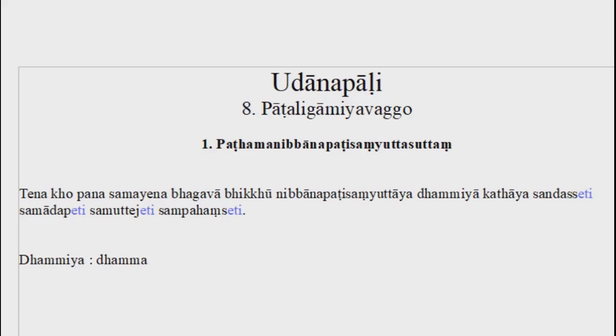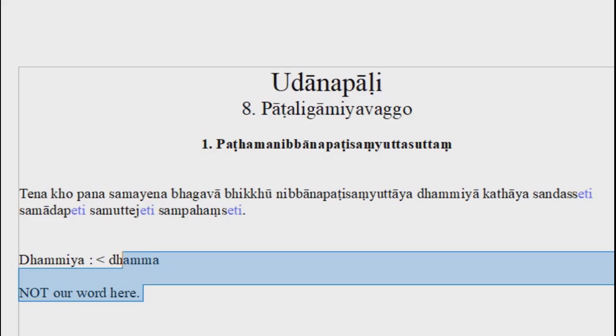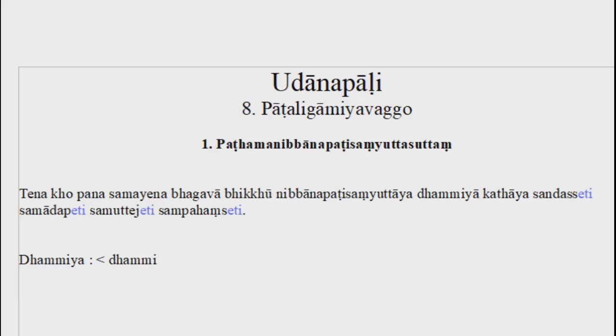Now dhammiyā is clearly from the word dhamma, dharma. And if you look up this word, this exact word exists. It's an adjective meaning pertaining to the dharma or the dhamma. But that actually isn't the word we have here. If we had dhammiyā kathā, then that would work. But dhammiyā needs to be in the instrumental case as well. And dhammiyā would not have this form if it were in the instrumental, if it's that word.